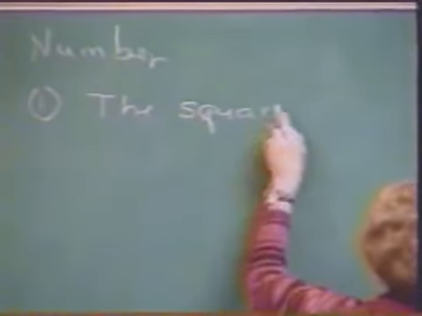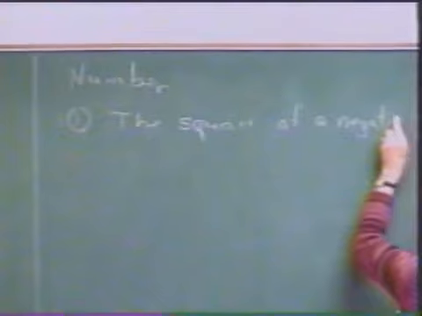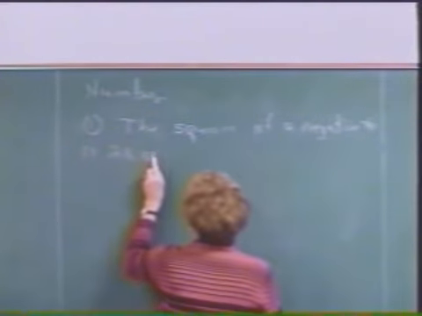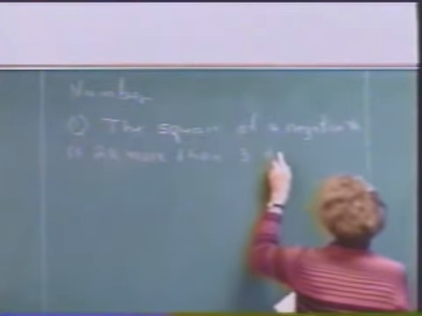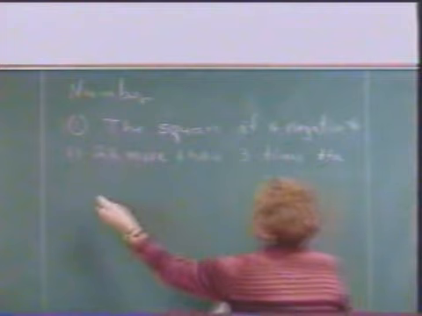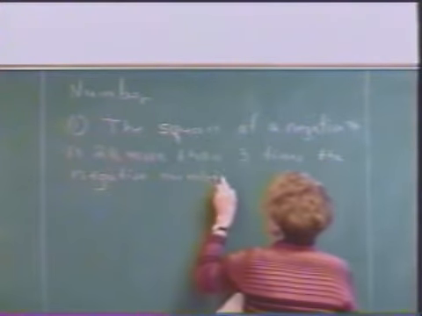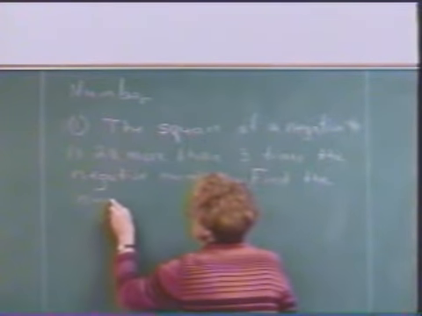The square of a negative number is 28 more than 3 times the negative number. Find the number.